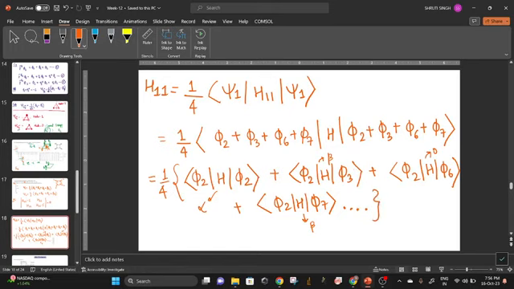So we will have a total of 16 terms, and each combination will give 1 alpha, 2 beta, and 1 term will be 0. So we will have 1 over 4 of alpha plus 2 beta, 4 times from all 4 terms. So we will get H11 equals alpha plus 2 beta.